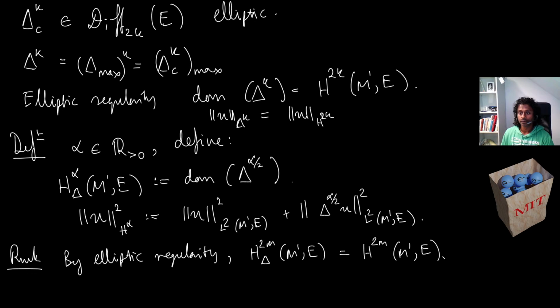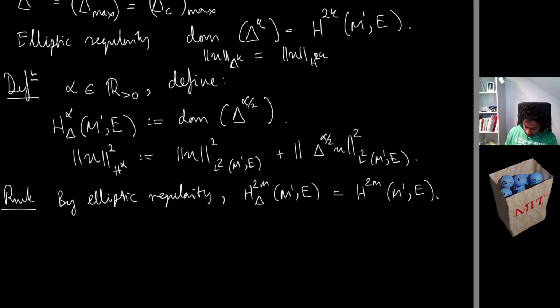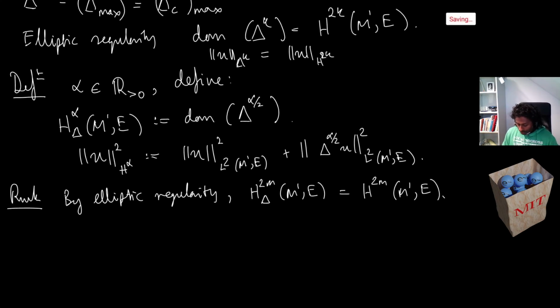No, absolutely not. So the question is, do we need something like a Poincare inequality? No, we don't need anything like that, because the lower order term here, we're always working with the inhomogeneous norm, so this is really taking care of anything lower order. The elliptic regularity theorem tells us that the H2M norm is really equivalent to the norm with respect to the Laplacian.